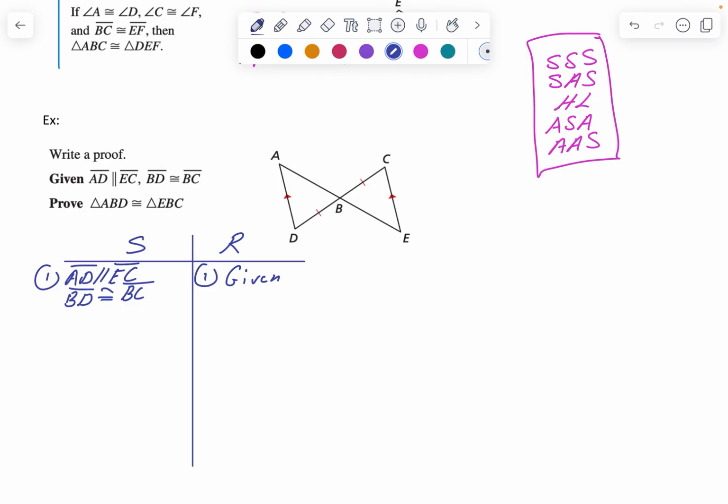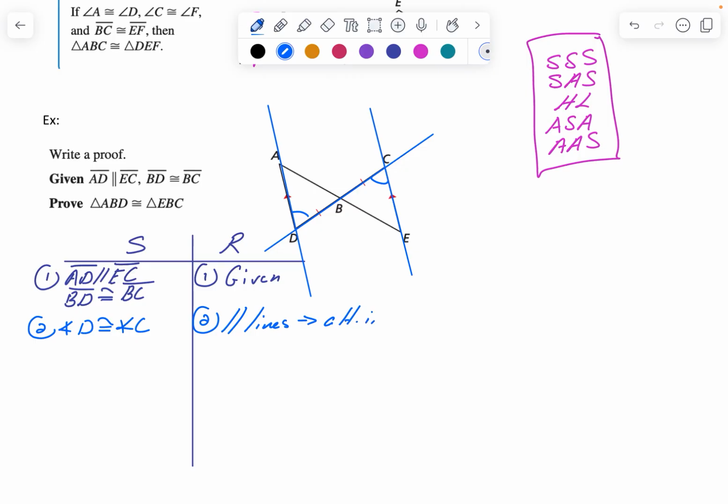Well, just like we did before, if we have parallel lines, what I like to do is extend them, and then let's take a look at maybe one of these transversal lines, okay? So if we look at all those blue lines right now, can you see that these two would be alternate interior angles? So we can say that angle D is congruent to angle C, and that is because when we have parallel lines, alternate interior angles are congruent.